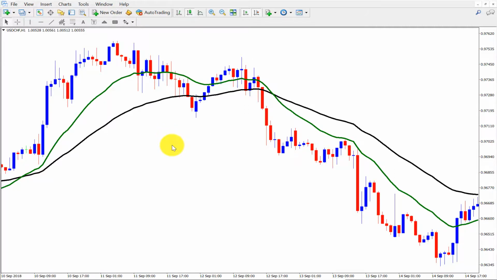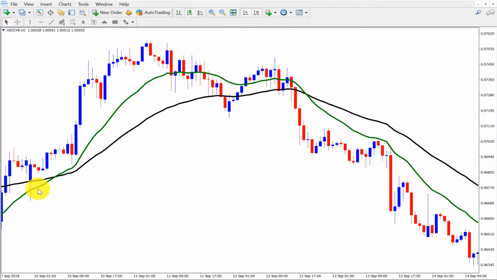The core strategy is when the 21 period moving average crosses the 50 period moving average, if it happens at the upper side, we will buy, and if the 21 moving average crosses from the downside, then we will sell.